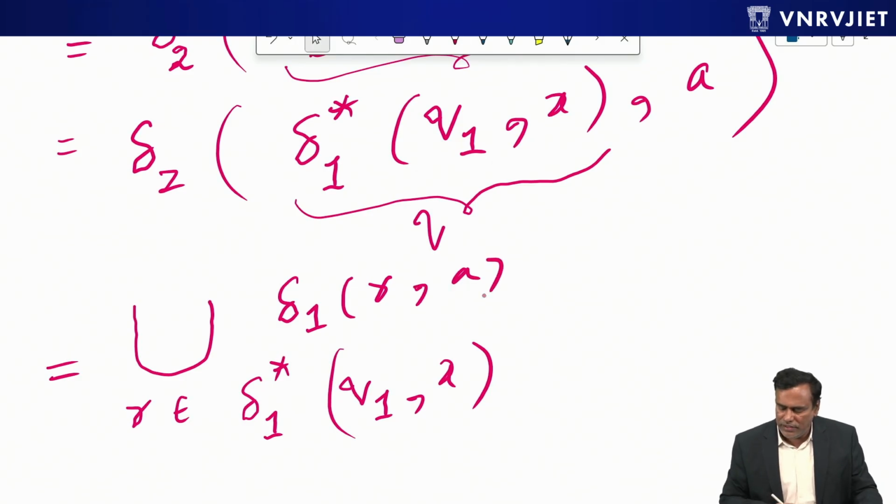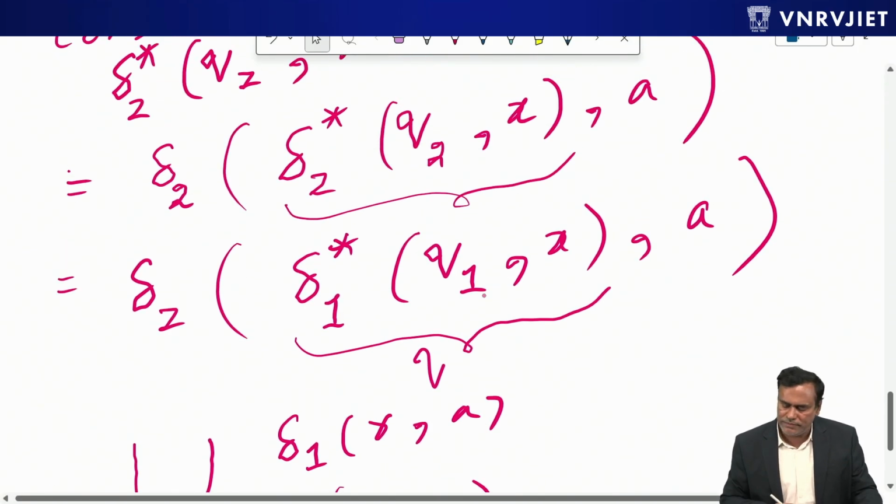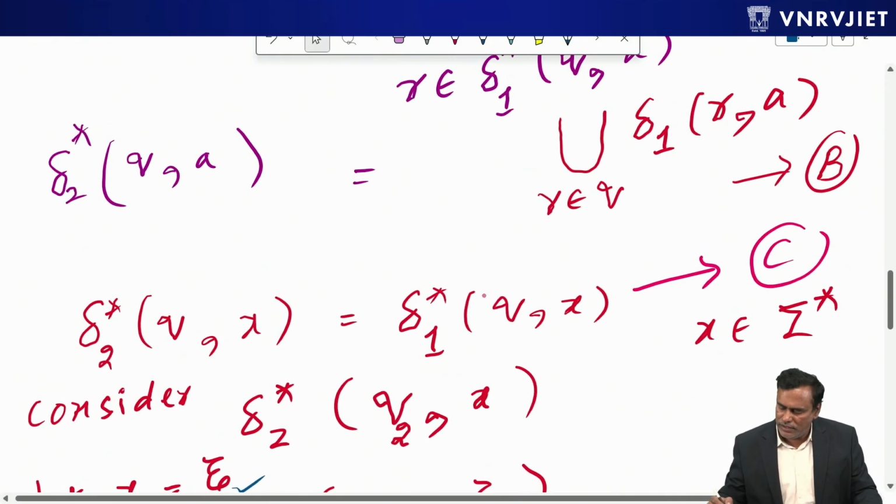See, delta 2 of Q A, this formula, that is this.